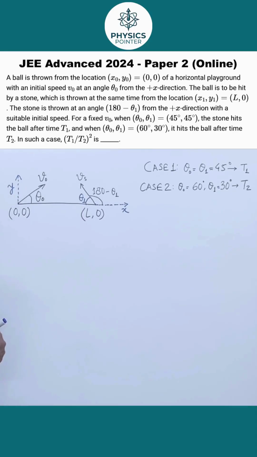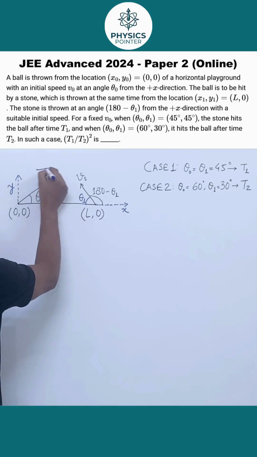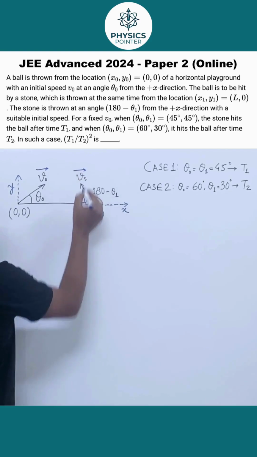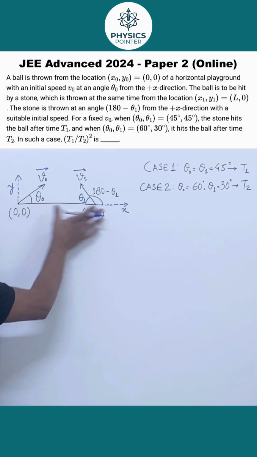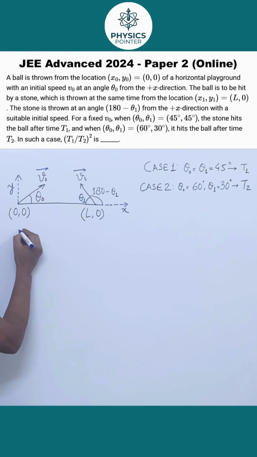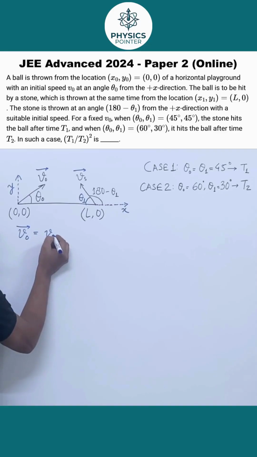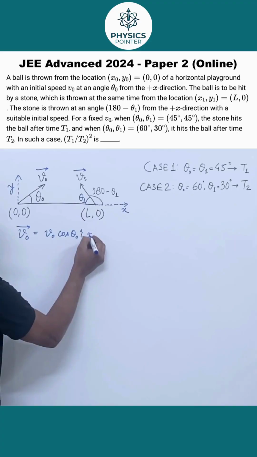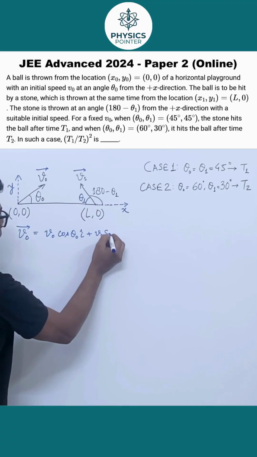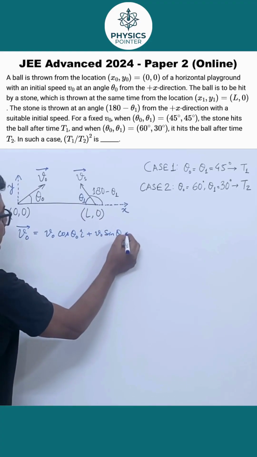What we'll do is take v naught as a vector and vs as a vector, to simplify it, and we will write the v naught vector and resolve it in x and y direction. So v naught is equal to v naught cos theta naught i cap plus v naught sin theta naught j cap.